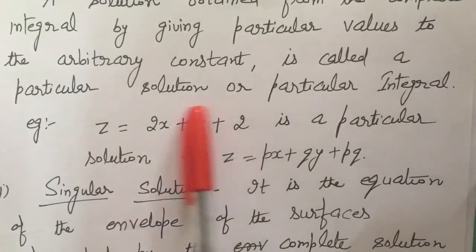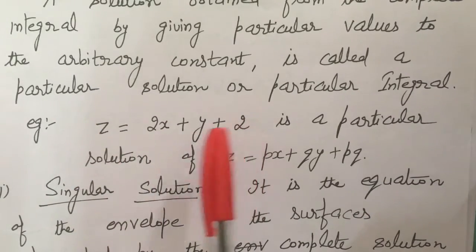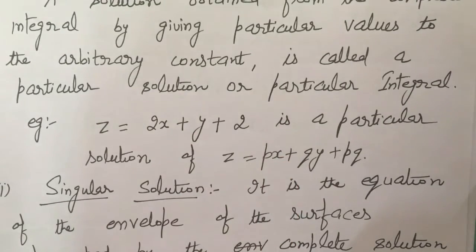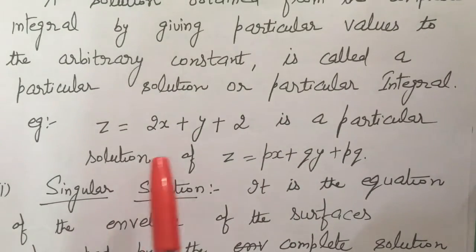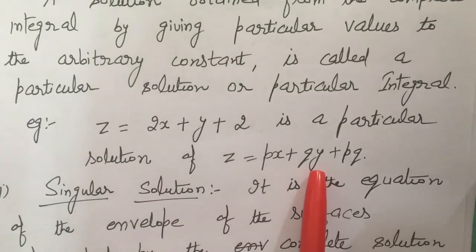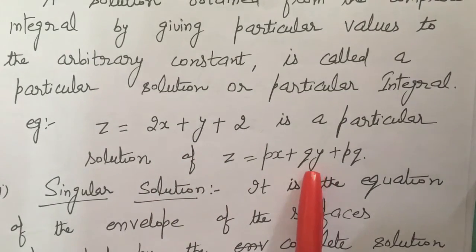Now there is no arbitrary constant in this relation and this relation satisfies given PDE. So we can say that this is the particular integral or particular solution of first order partial differential equation.